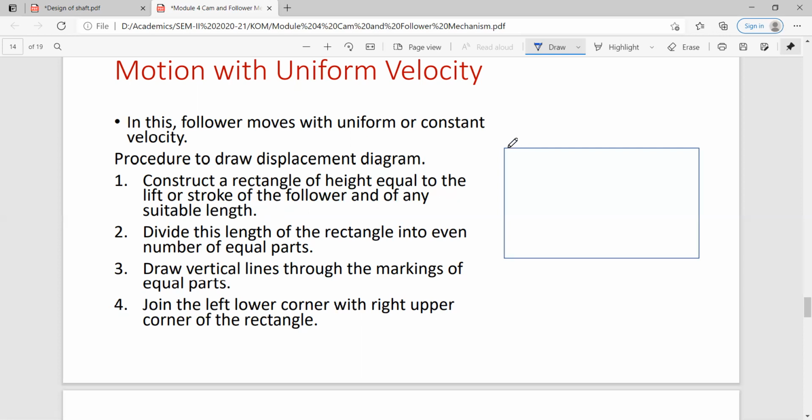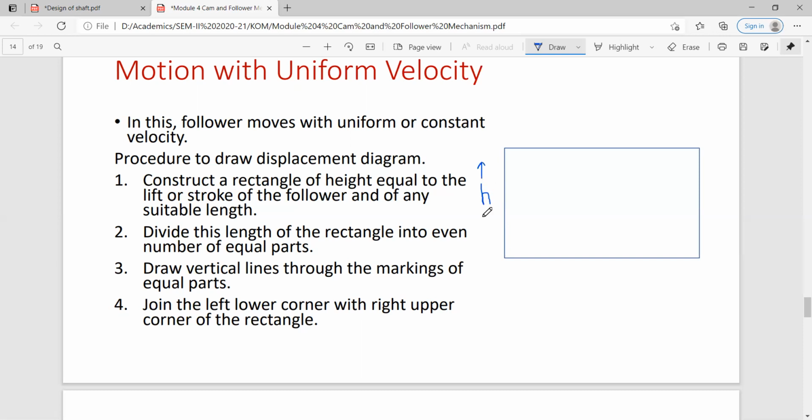So what you have to do is first draw a rectangle. Its height will be equal to the lift of the follower. Means what is lift?